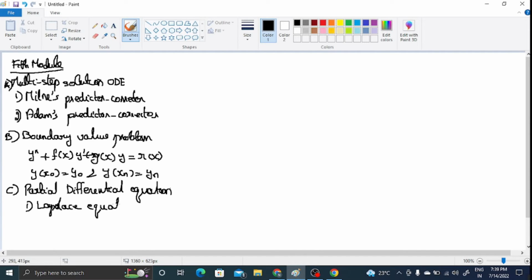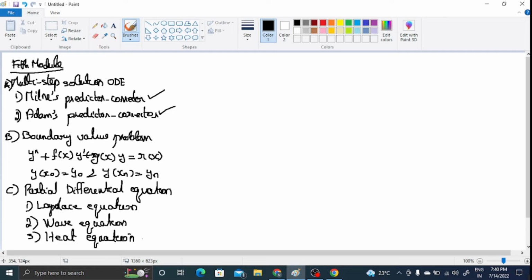Second one is the wave equation. Third one is the heat equation. So in the fifth module we are going to discuss Milne's method and Adams' predictor-corrector method.